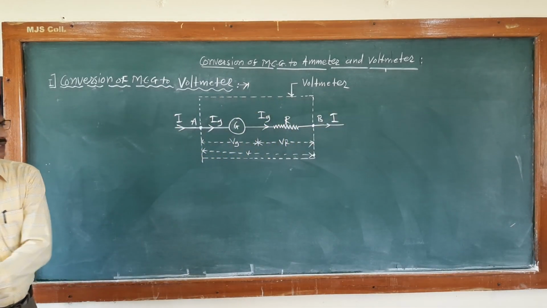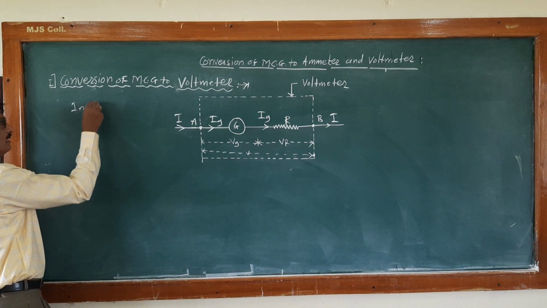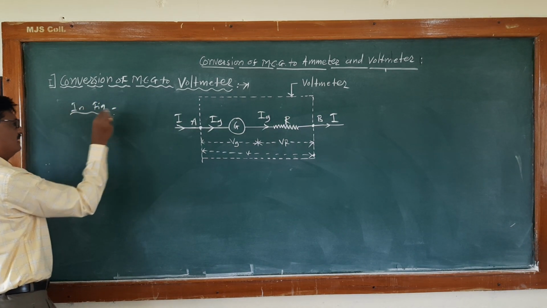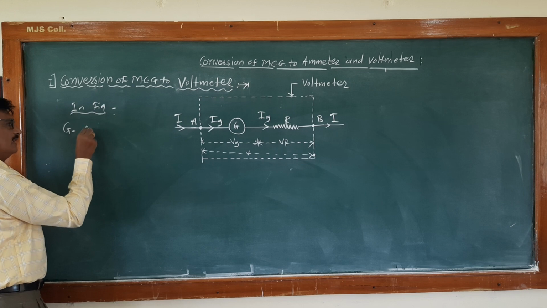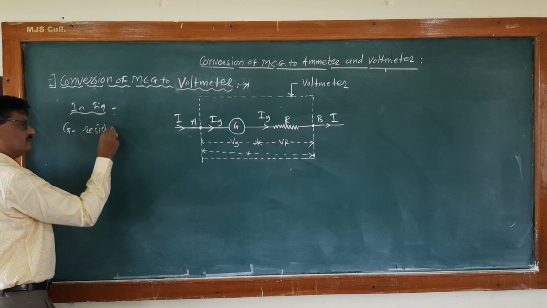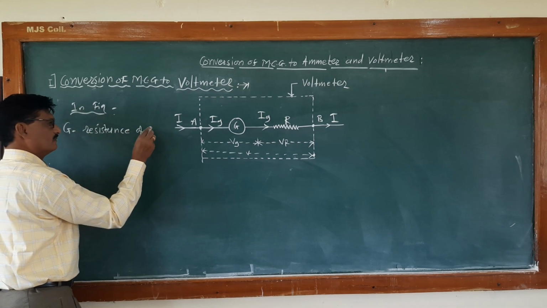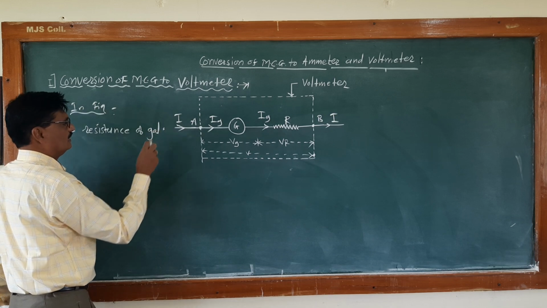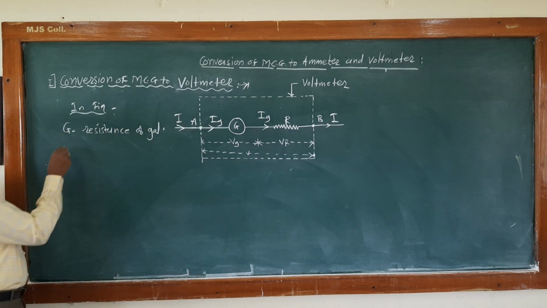Look here in this figure. G is called the resistance of the galvanometer.